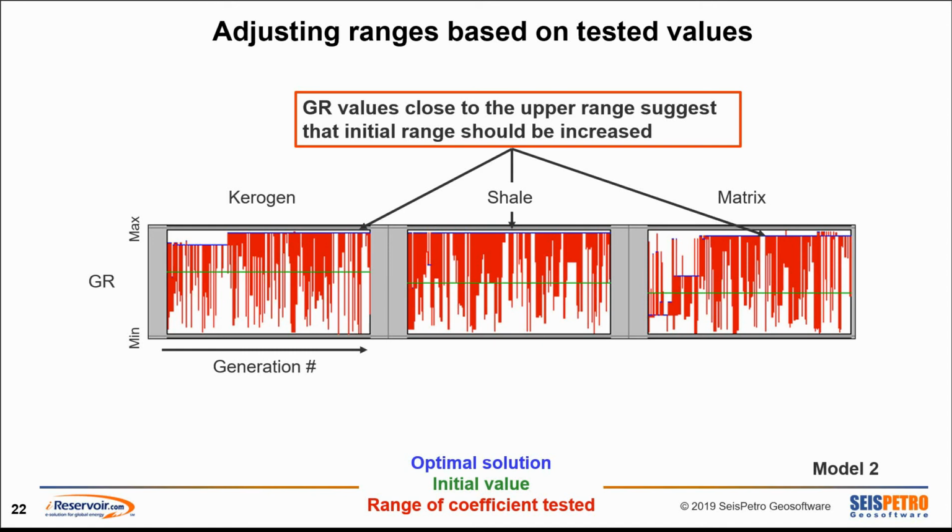So in this particular example, for the gamma ray of kerogen, shale, and matrix that vary between a minimum and a maximum value, we see that in these three cases, the optimal solution tends to go very close to the upper limit or to the maximum for each of the ranges. So this suggests that for other iterations of the process, this initial range of values should be increased.